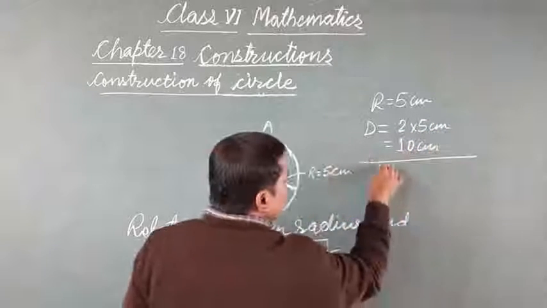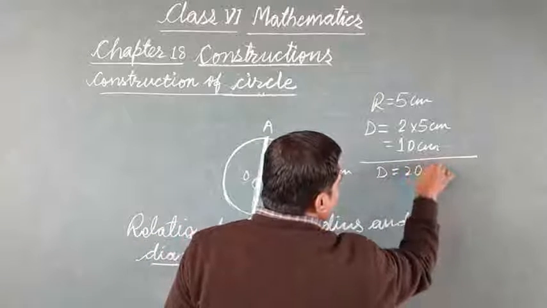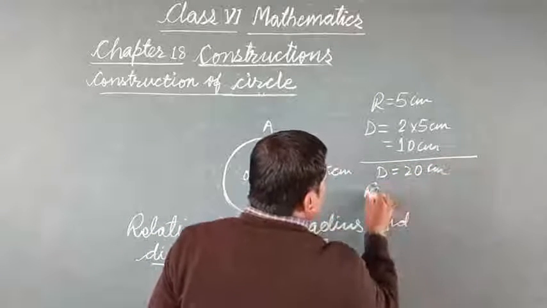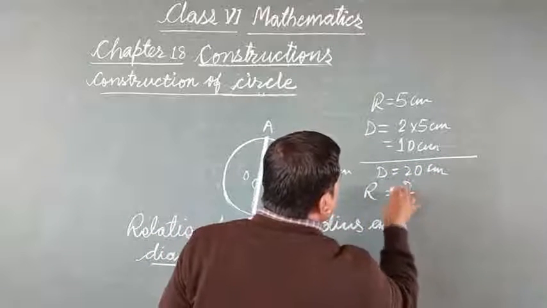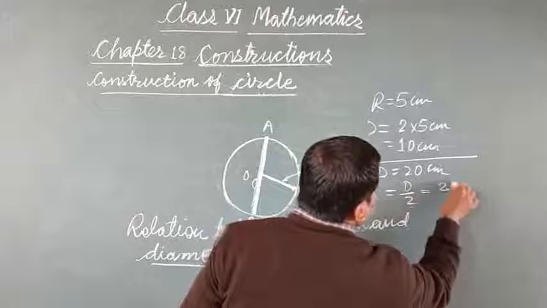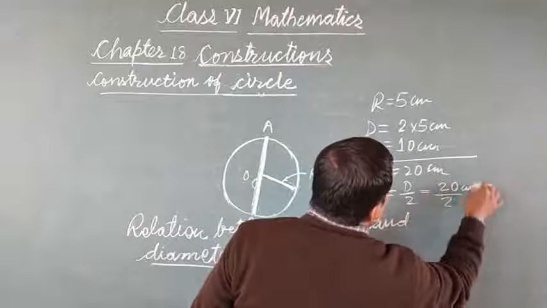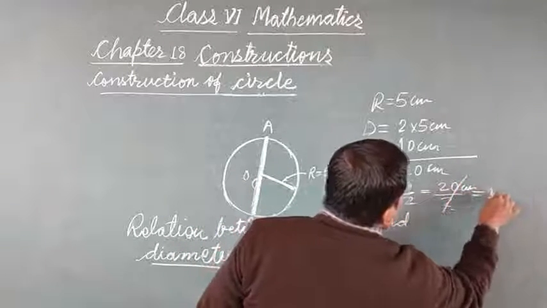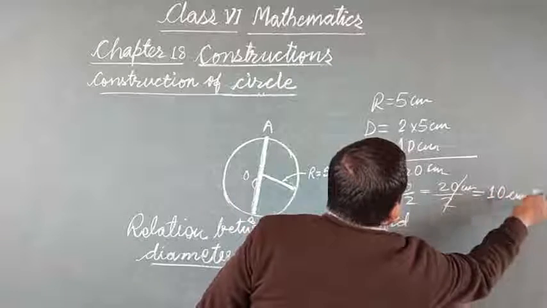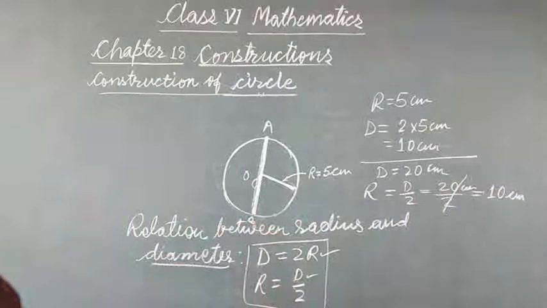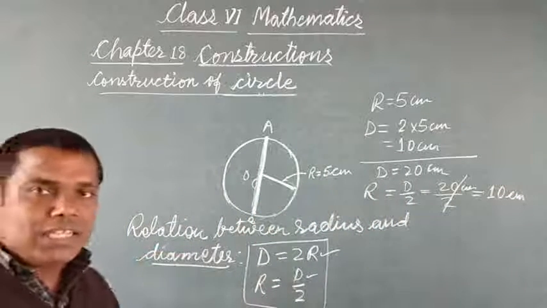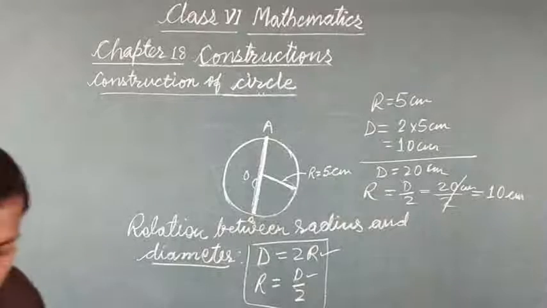If diameter is given 20 centimeter, then radius is equal to diameter by 2, which will come 20 by 2 centimeter. So radius will be 10 centimeter. So if diameter given, you can calculate radius. If radius given, you can calculate diameter.